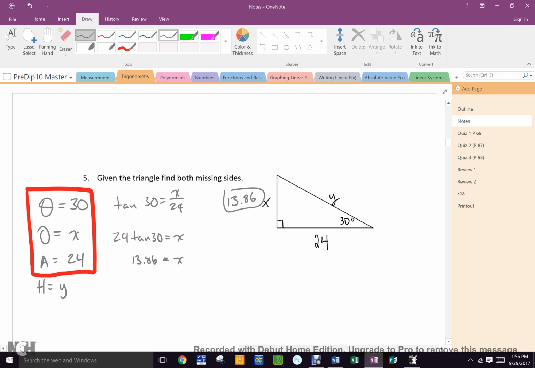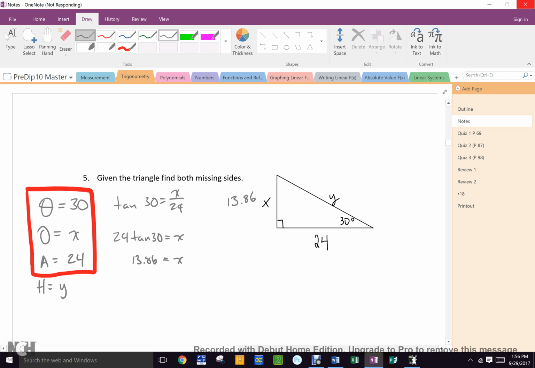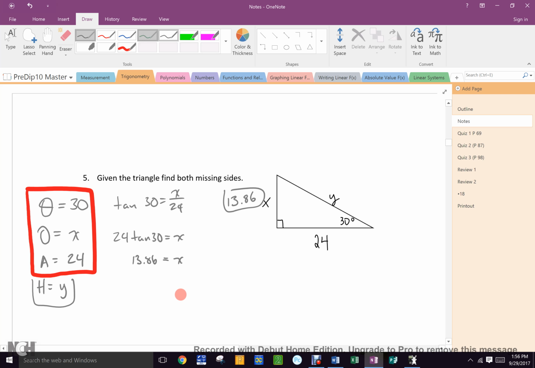Now, can I deal with this? How? By doing Pythagoras. Doesn't y equal the square root of x squared plus 24 squared? And isn't x squared sitting on my calculator right now?